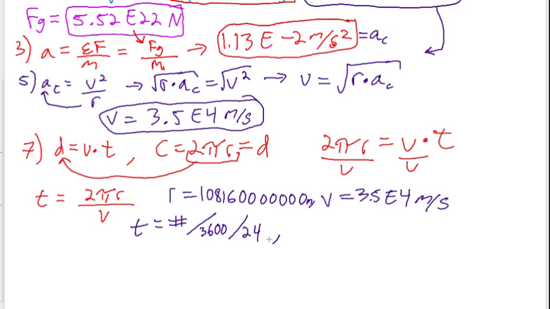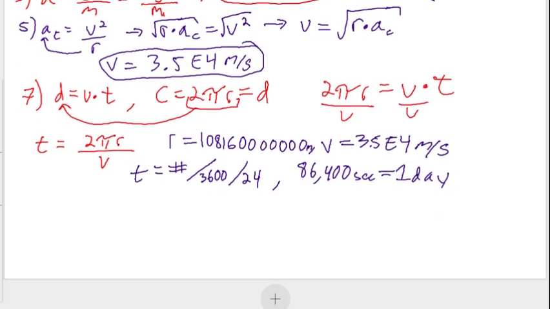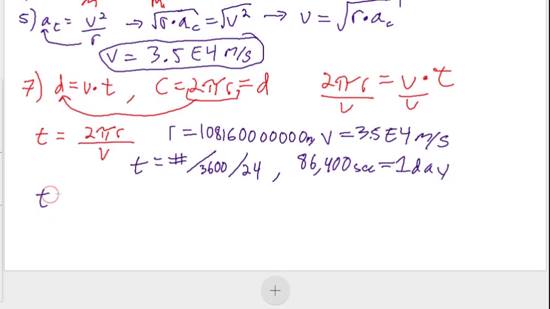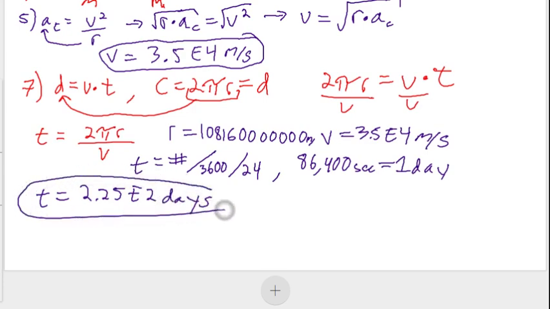If we want to simplify that, we could also say that if we just wanted to divide it once, there are 86,400 seconds in one day. So 86,400 seconds equals one day. So after doing all that math, we should end up with a period of 2.25 E2. And again, we converted everything, so we should have got days here.